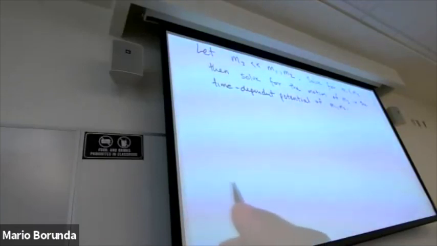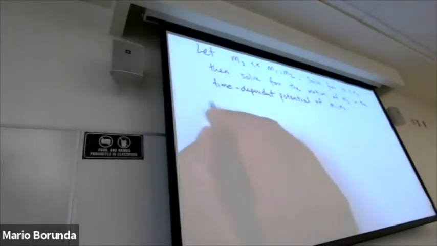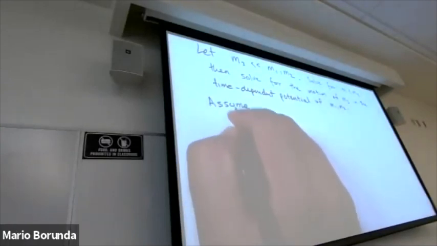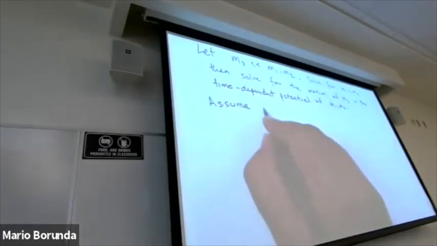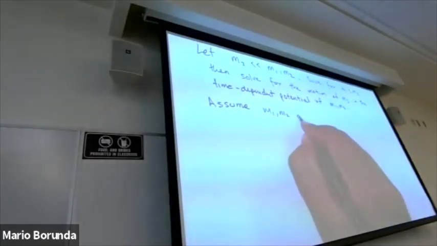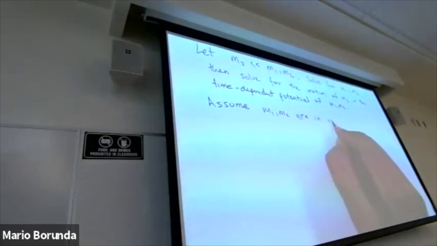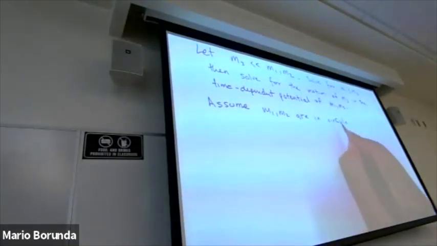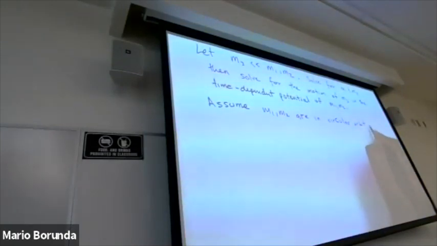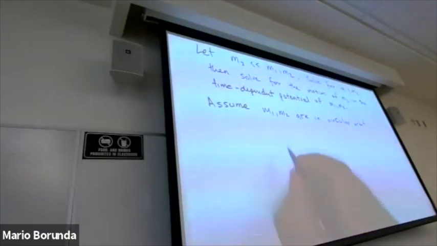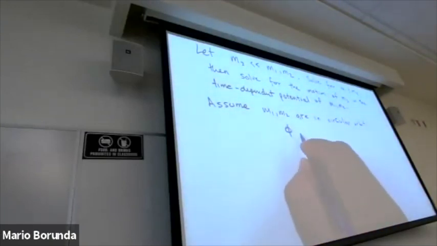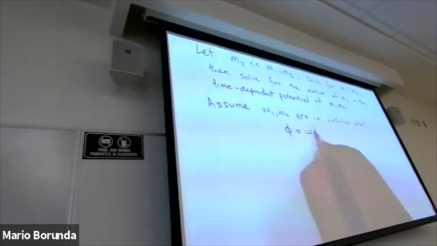So we start with a very simple case. We're going to assume, to make it simple, that M1 and M2 are in a circular orbit. Because they're in a circular orbit, we can write that there's an angle phi, and it's given by omega, the angular velocity, times time.